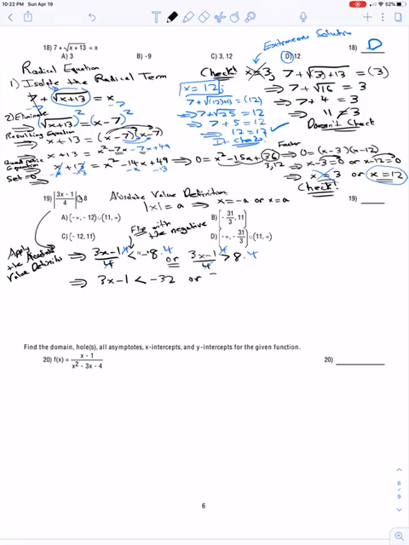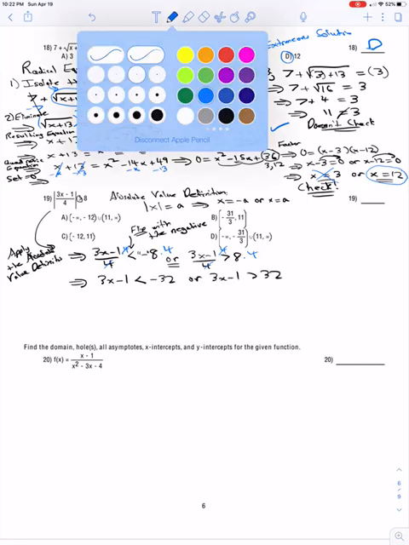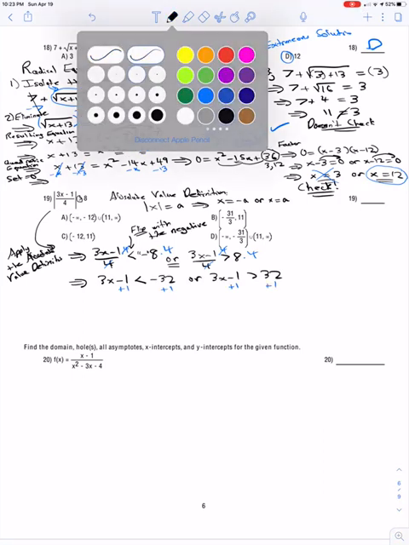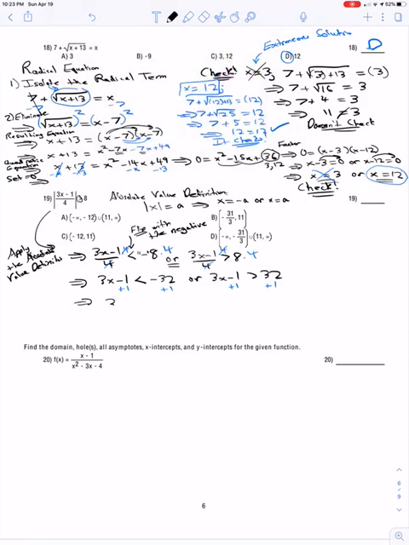And over here, as we multiply both sides by 4, we get 3x minus 1 greater than 32. And as we solve for x, we'll go ahead and add the 1 over on both sides. So that gives us 3x less than negative 31, and over here, we get 3x greater than 33.